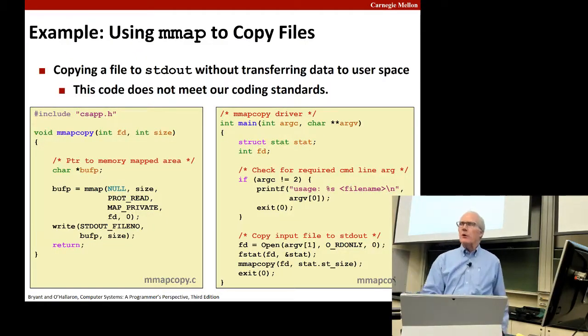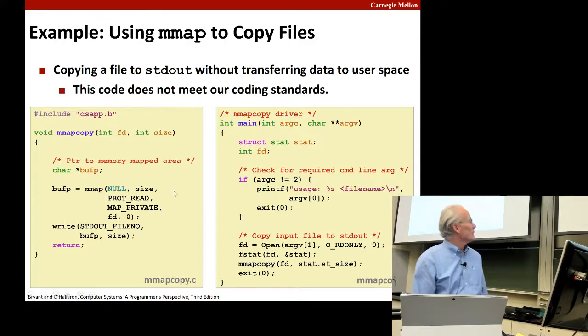This example code is a fairly small example of it. There's the pointer from mmap, where I don't care what the starting address is, but I'm using it to take a file that I've read in, that is passed as the argument to this main function, and I'm going to print it on standard out.